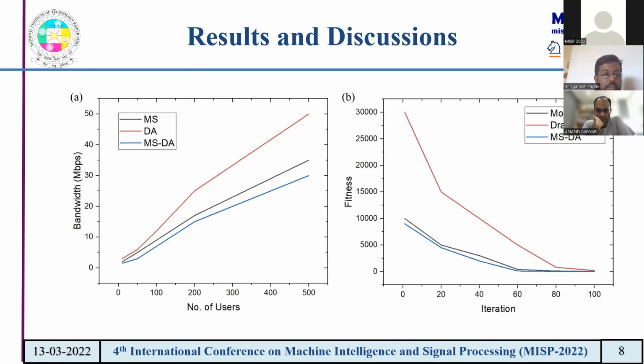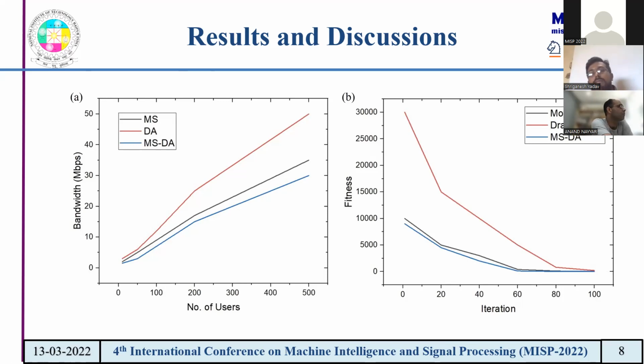So almost 20% to 60% saving is happening on the bandwidth. Here we are interested in minimum consumption of bandwidth when the number of users increases. So we are actually looking for bandwidth utilization optimization.